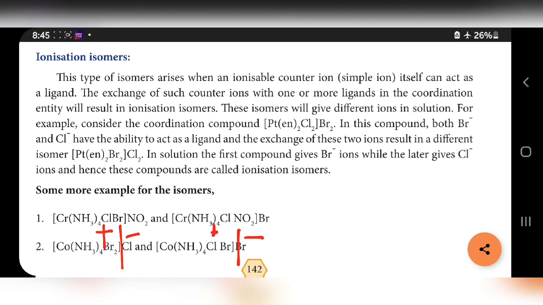This type of isomer arises when an ionizable counter ion, that is a simple ion outside the square bracket, itself can act as a ligand.